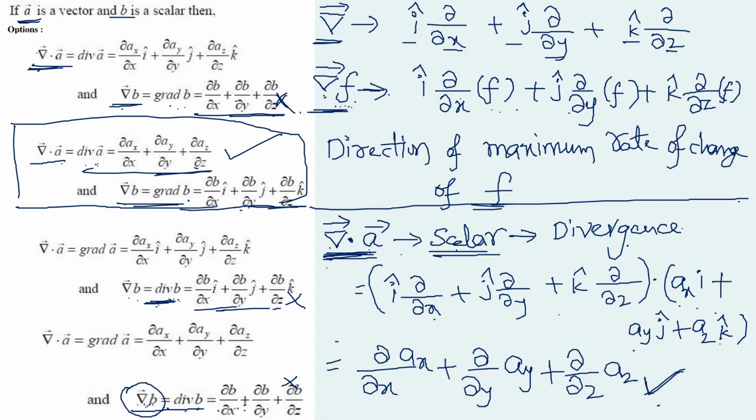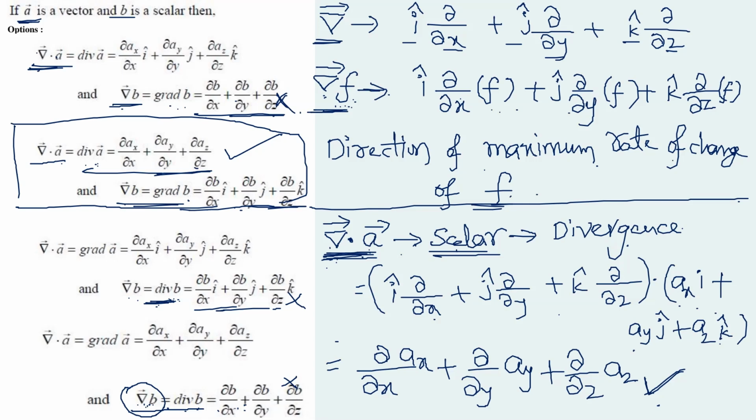Now, as we have seen, the physical meaning of grad f is that it denotes the direction of maximum rate of change of the given function. Then what is the physical significance of divergence? It denotes the spread, how much a fluid or something is spreading out from a point. For example, let's consider a fluid.